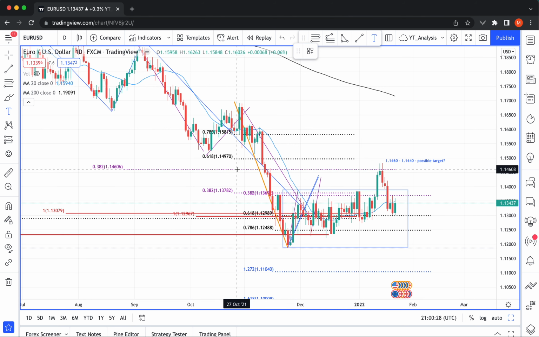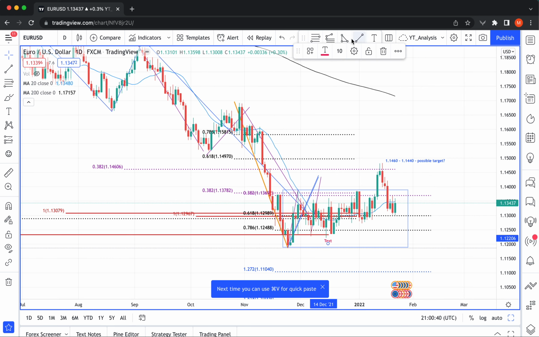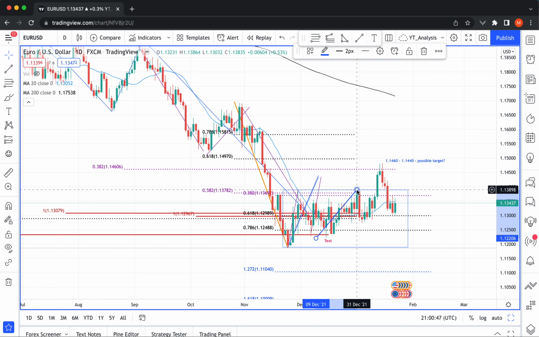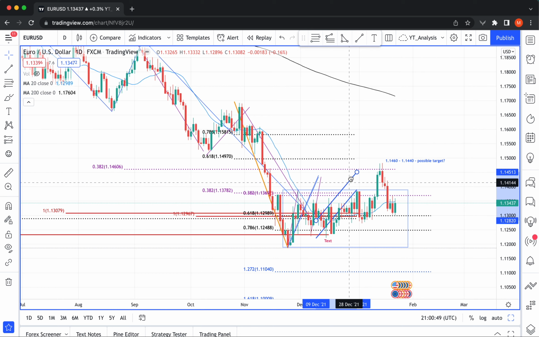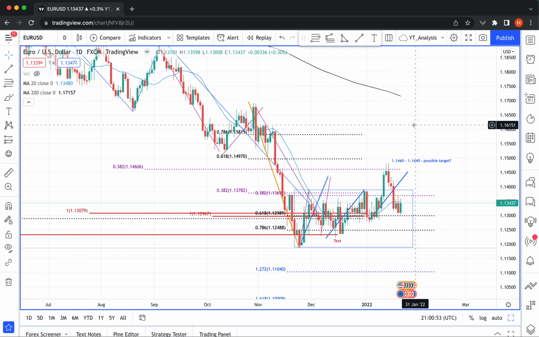It is the 38.2% retracement level, and then there were some swings, measured moves of the previous swings which were also coming to that region, and there's possibly another ABCD pattern here as well. So there were a number of things coming together.